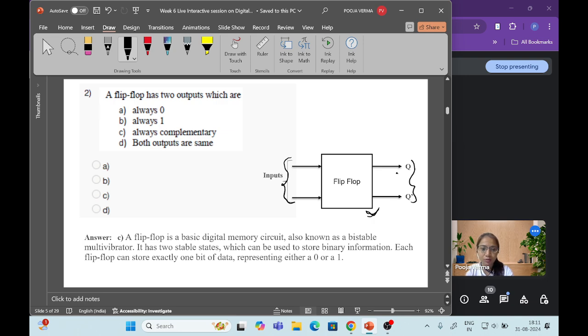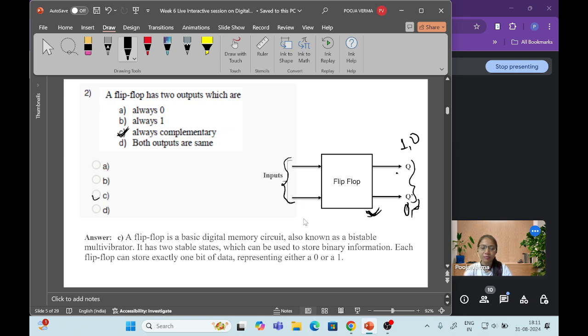It is used to store binary information either in the form of 0 or 1, but it can store only one bit of data. In the flip-flop the outputs Q and Q dash are always complementary. For example, if we are getting Q as 1, then the output Q dash will always be 0, and if Q is 0, then Q dash will be 1. So the two outputs are always complementary. Option C is the correct answer.